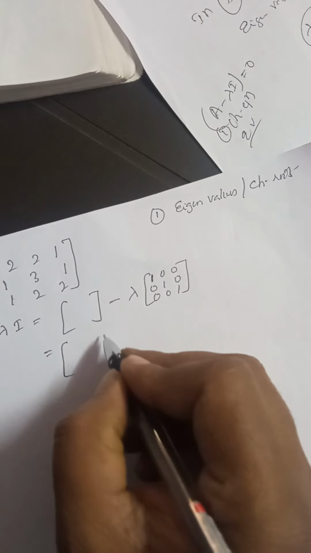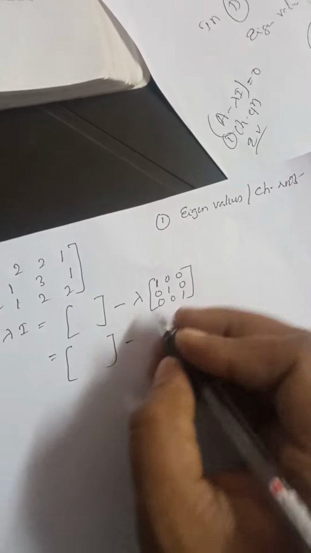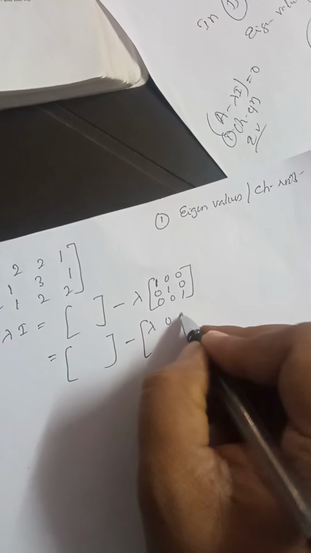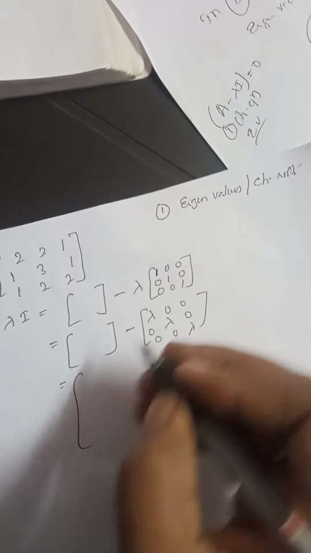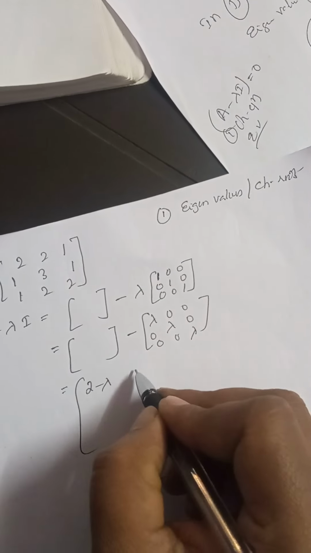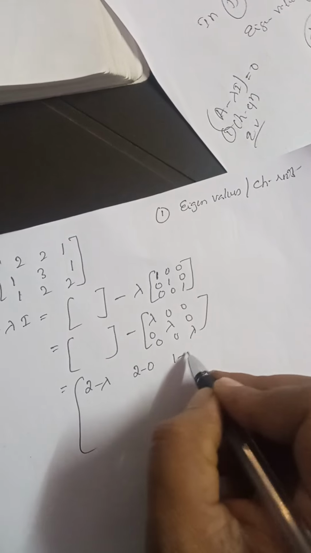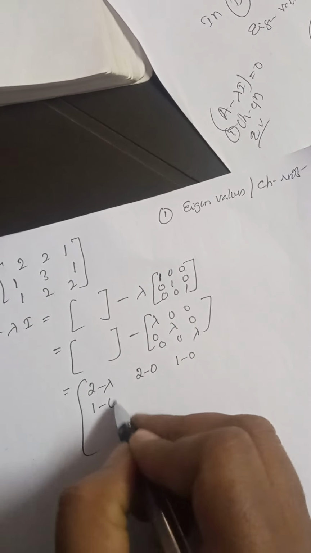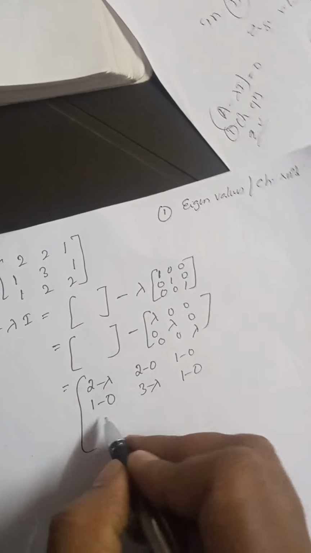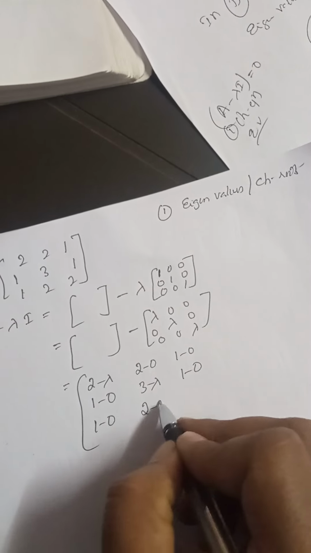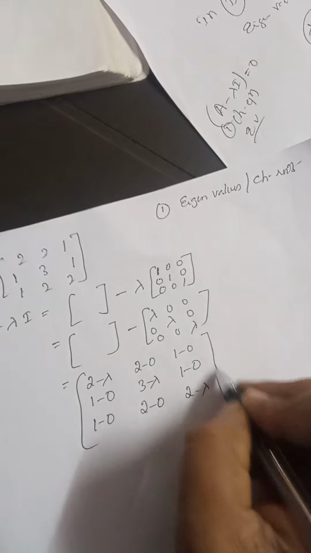Now here I am not writing this matrix because what will I get? Lambda 0 0; 0 lambda 0; 0 0 lambda. We are multiplying inside. Now if you subtract corresponding positions: 2 minus lambda, 2 minus 0, 1 minus 0; 1 minus 0, 3 minus lambda, 1 minus 0; 1 minus 0, 2 minus 0, 2 minus lambda.